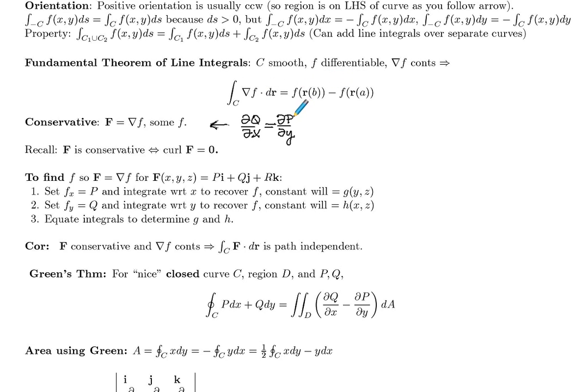To check that it's conservative, we can either do the curl of F and see that it's 0, or we can check that dQ/dx is dP/dy, and then also we need our first partials to be continuous. In other words, the function is differentiable, and the gradient would end up being continuous.